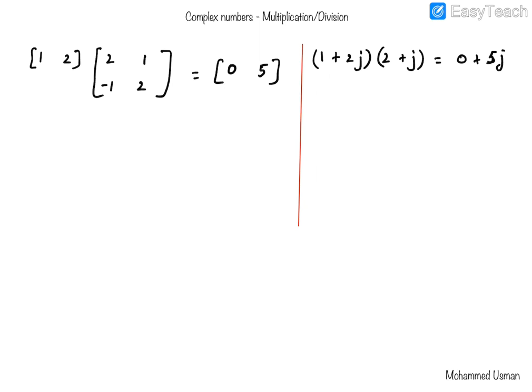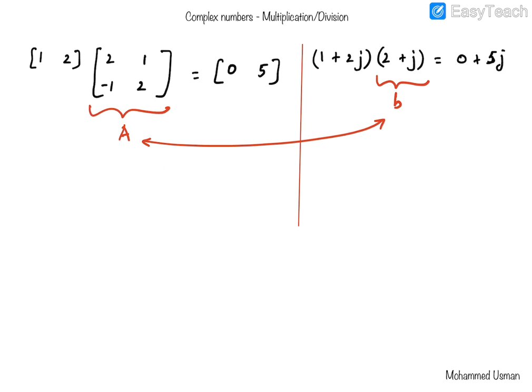So clearly this matrix A and this complex number 2 plus j have a relationship, right? Have a connection between them, and that connection, if I call this the complex number B, is there because they are performing the same linear transformation.